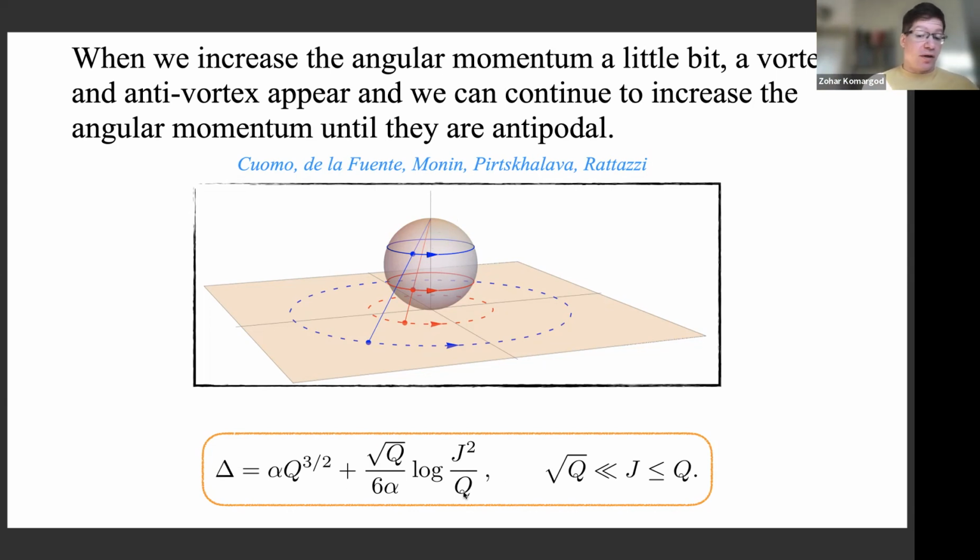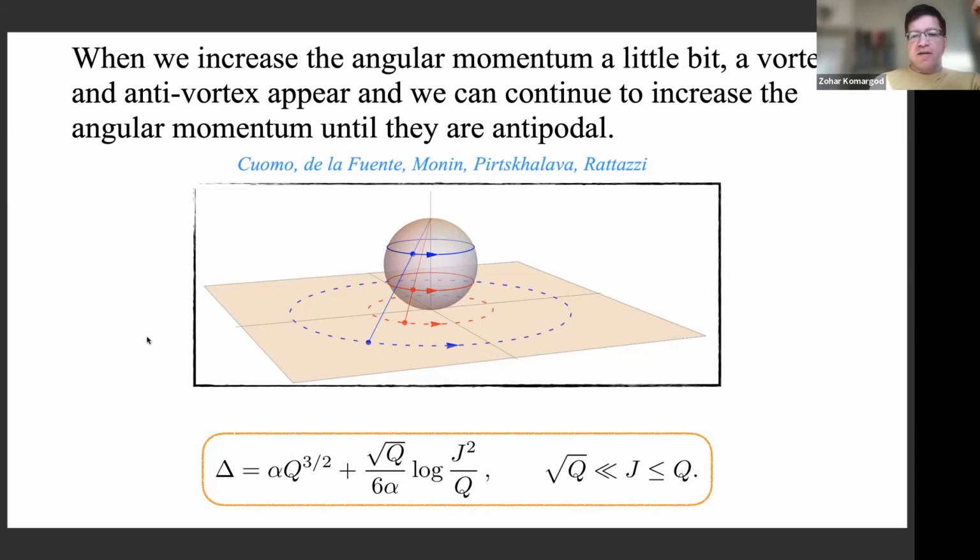And that leads you to a universal prediction for the ground state of the system in this domain for the angular momentum. Between square root of Q and Q, you just have a vortex, anti-vortex at the north and south pole. There is some interesting logarithmic correction to the scaling dimension. This has not been observed experimentally yet, or in Monte Carlo. So first, we have just a superfluid. Then we have phonons.